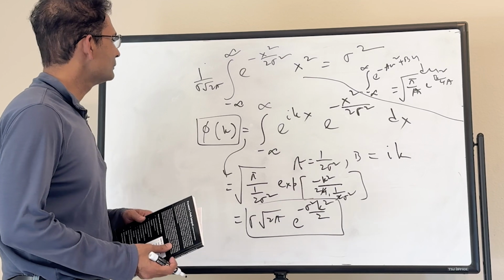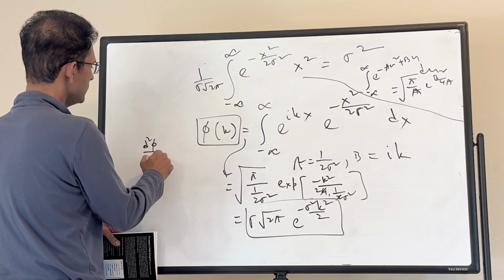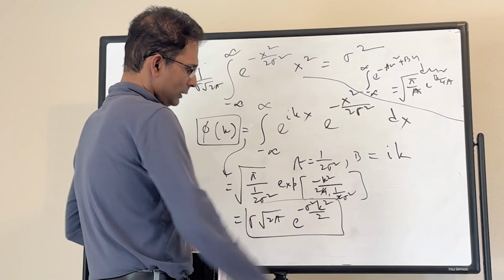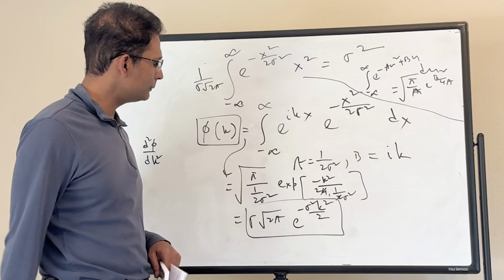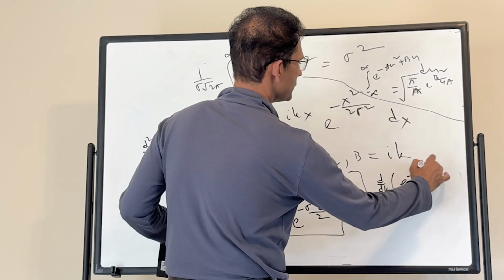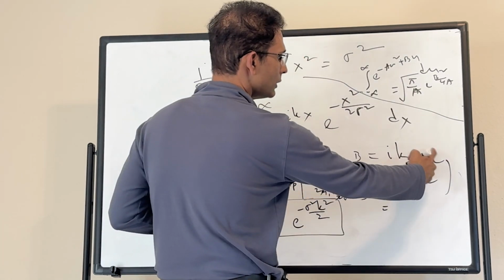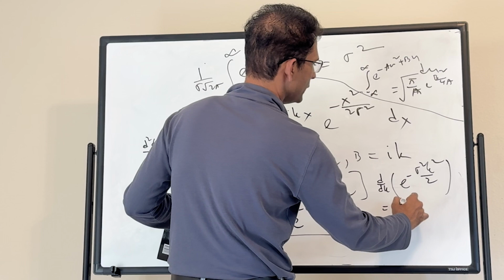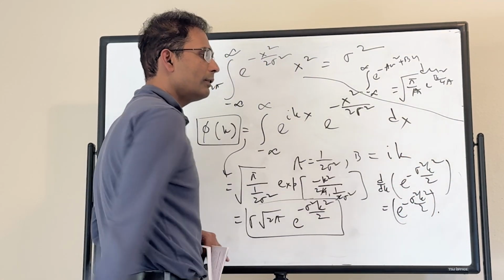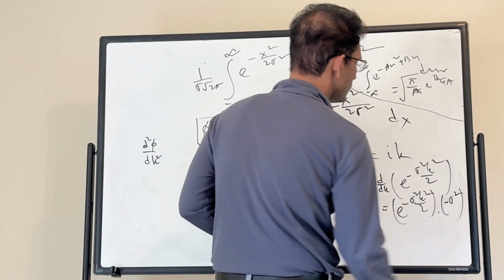Then you take the second derivative of this, d2 phi dk squared. It's very straightforward; you have to take the derivative two times. Let me show you how to do that. d/dk of e to the minus sigma squared k squared over 2: you have to use the chain rule. First you take the derivative with respect to this whole exponent, and then you take the derivative of the exponent with respect to k. So you get minus sigma squared, I think.